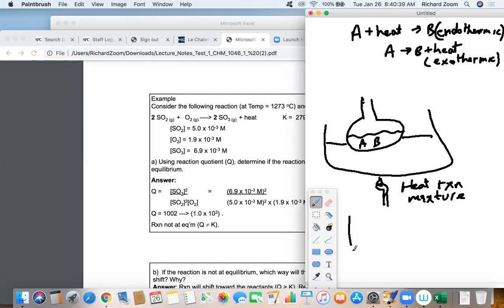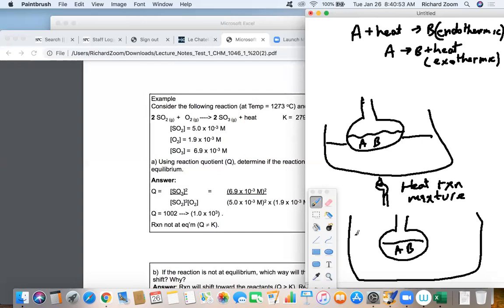And the other case, anybody know what these squares are? Any thoughts? Ice cubes. That's right. So this is cooling the reaction mixture.